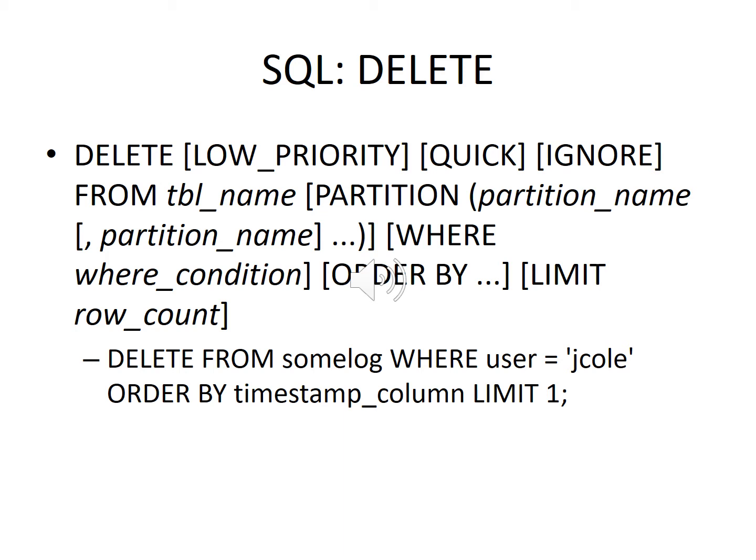Limit 1 limits the number of rows that are returned once your operation is performed, so in this case it's going to return just the first row. But like I said, don't worry about the second part. This is essentially just to understand how you delete records from the table.